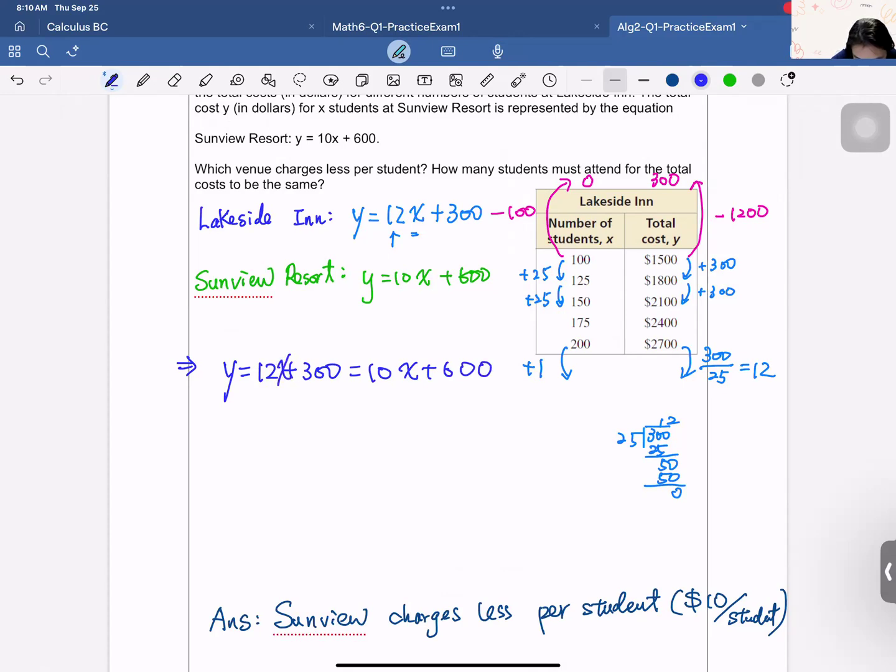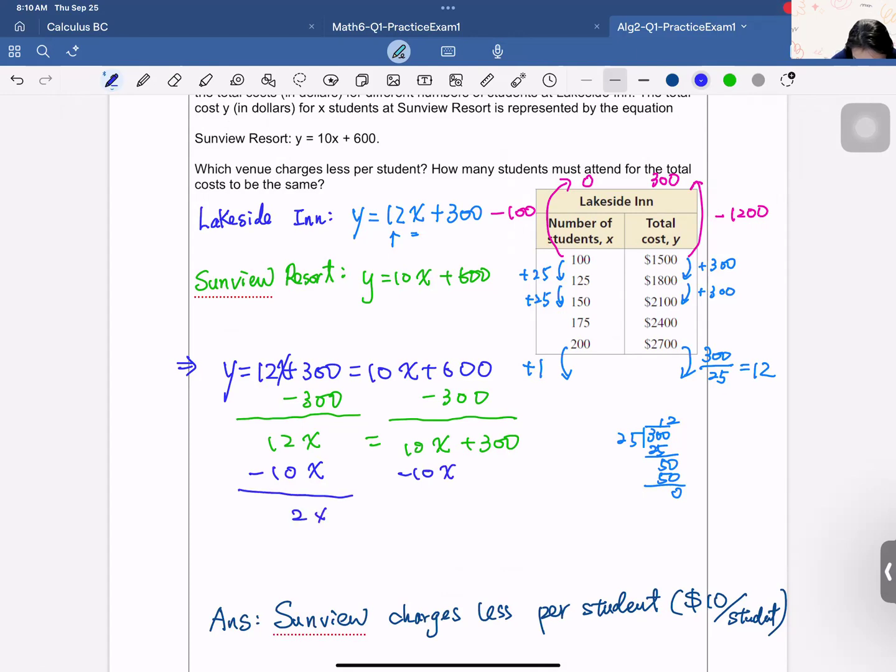There's an x here. By minusing 300 on both sides, equal 10x plus 300. Then I go ahead and minus 10x on both sides.